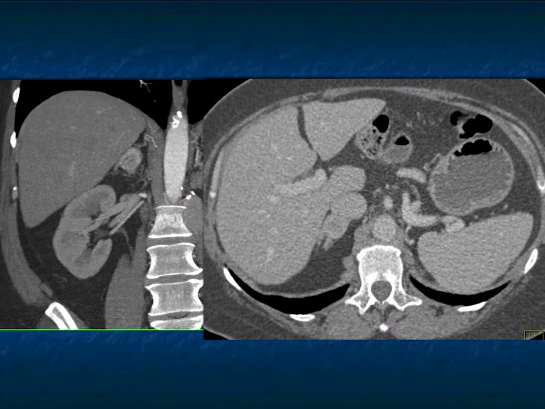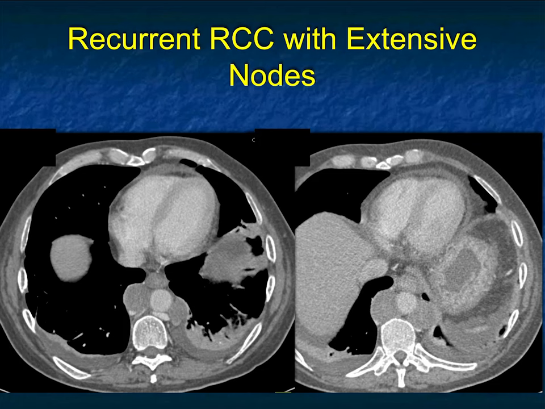Multiple organs are involved. And again, the lesions do wash out a bit, but the adrenal as well as the liver are all going to be seen on arterial and late phase imaging, but better seen on arterial.